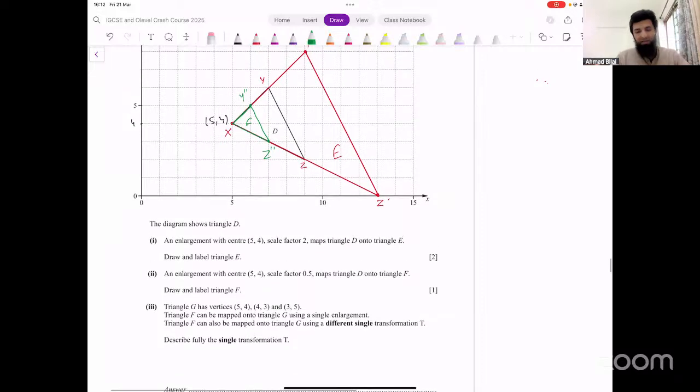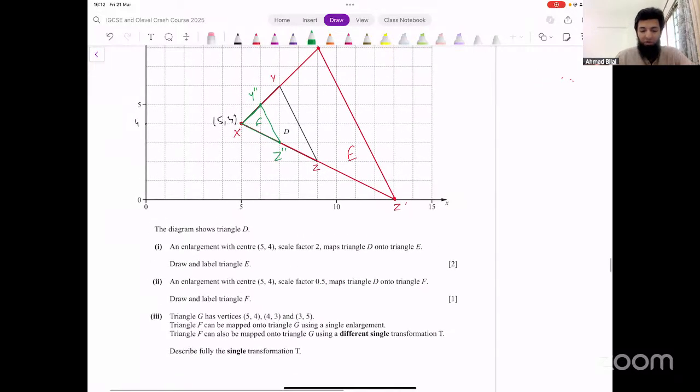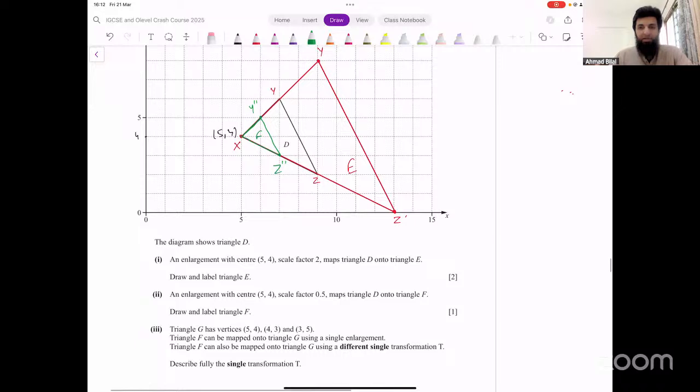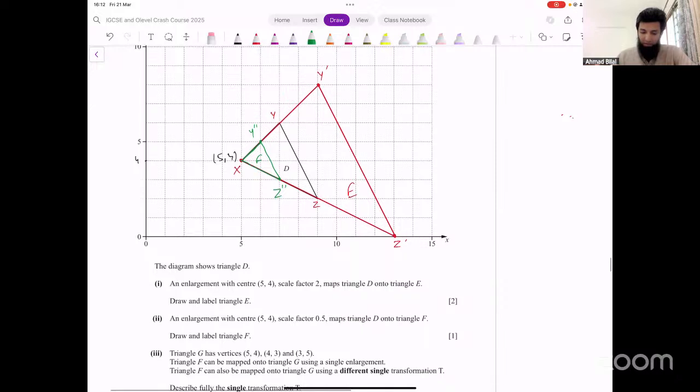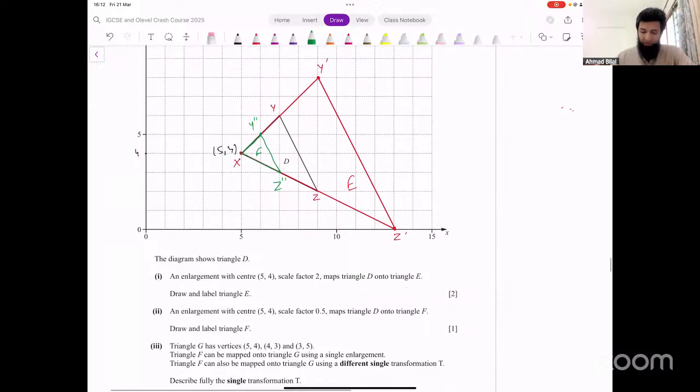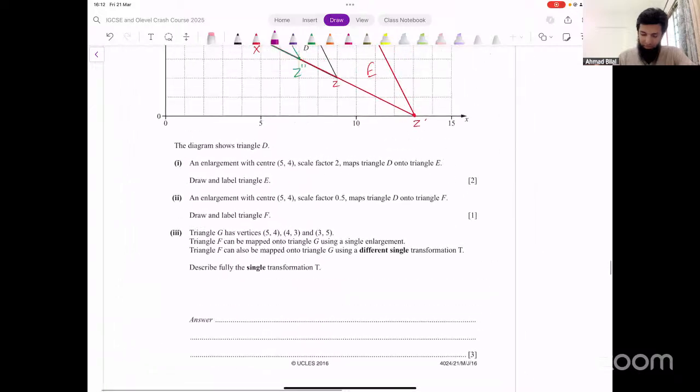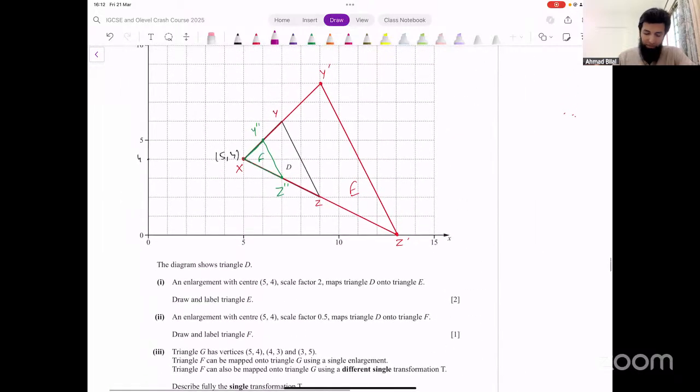Now it says triangle G has vertices 5, 4, 4, 3, and 3, 5. So there's some triangle G. It has vertices 5, 4, 4, 3, and 3, 5. Okay, let's think about that. 5, 4 is the same point. 4 and 3, that's another point.